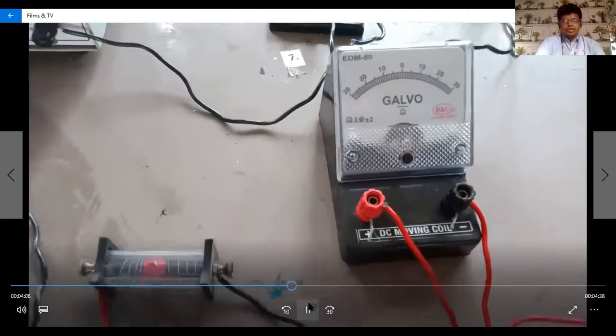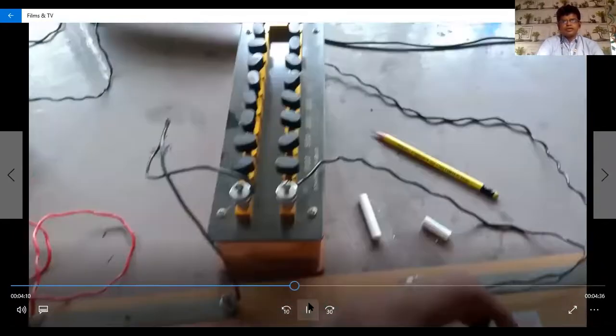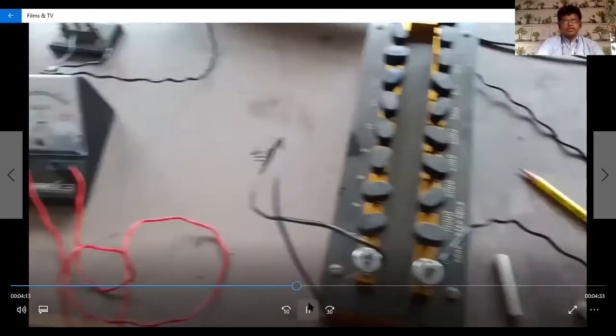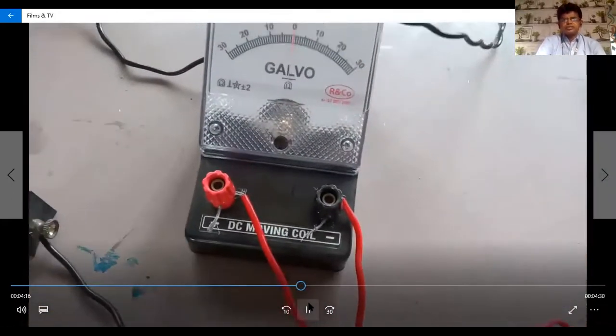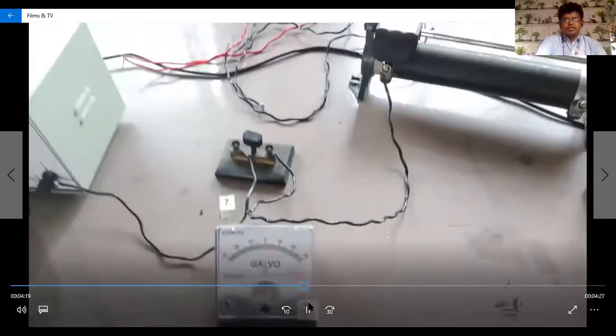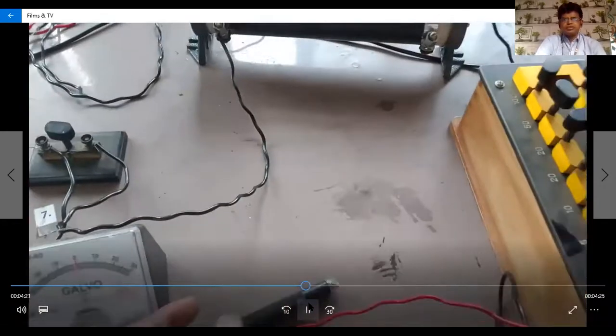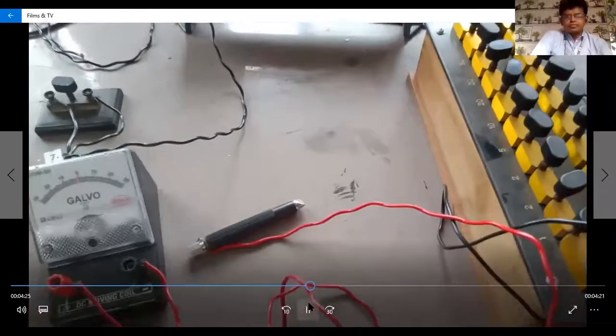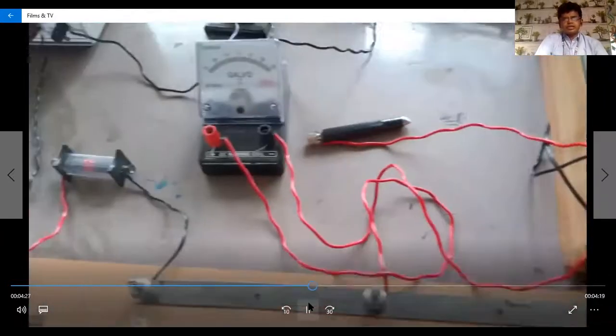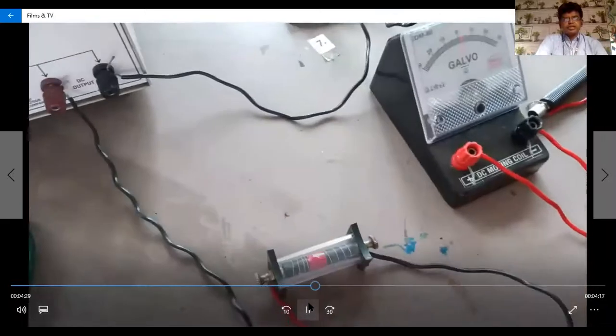And then we put the jockey key on the C point. At that time the G meter moves to the right side. So we check our circuit connection, and it is going very well. After completing the circuit connection, we checked and it is working very good.